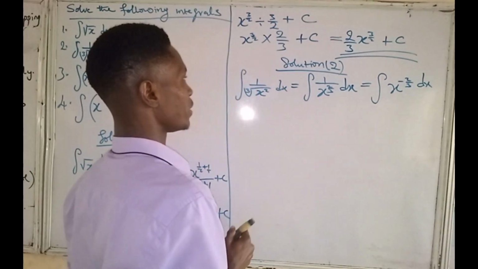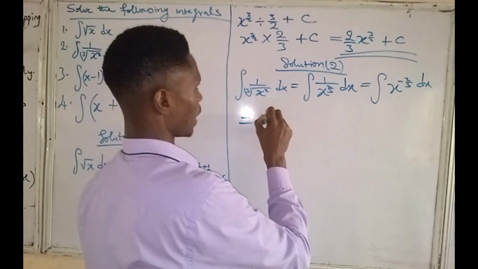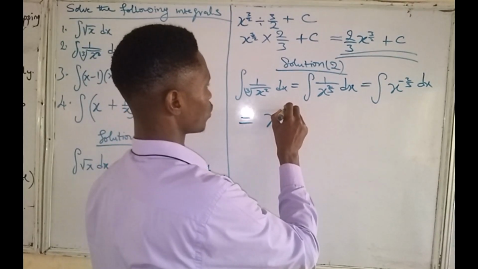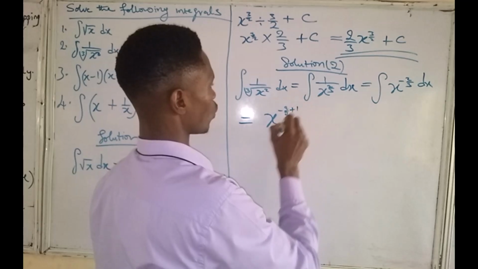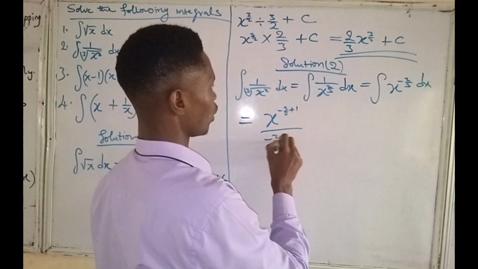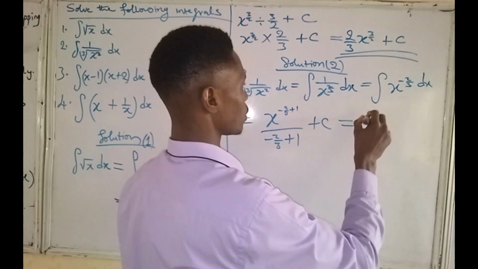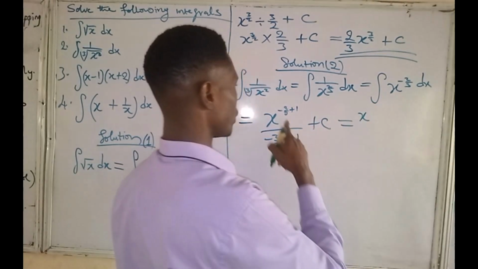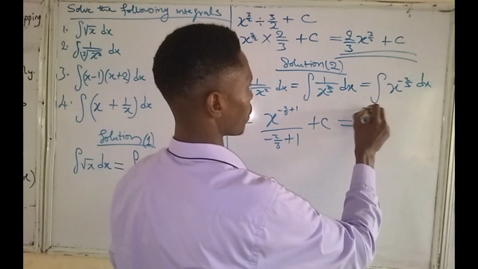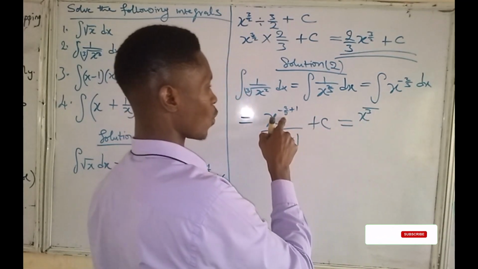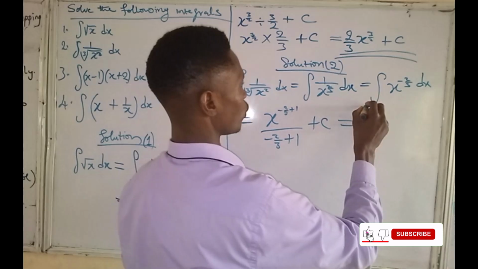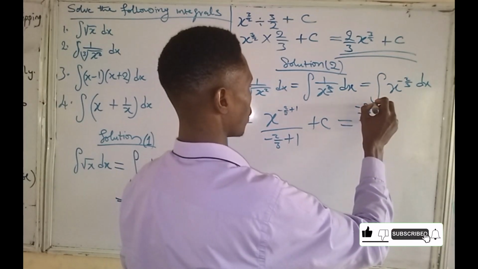So at this point we can integrate. So this should give us x raised to the power of minus 2 over 3 plus 1, all over minus 2 over 3 plus 1, plus c. So this is going to give us x raised to the power of 3 is the LCM there. 3 divided by 3 is 1 times 2, we have 2. There's a minus here.